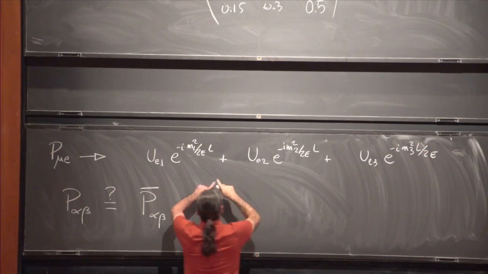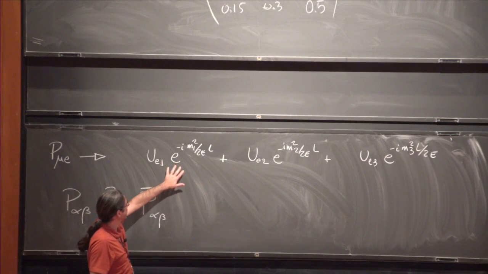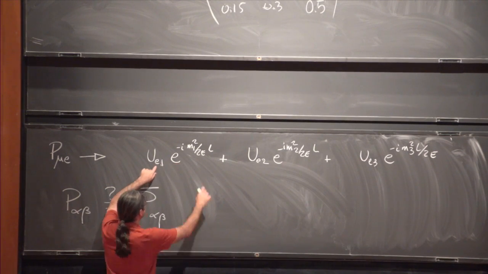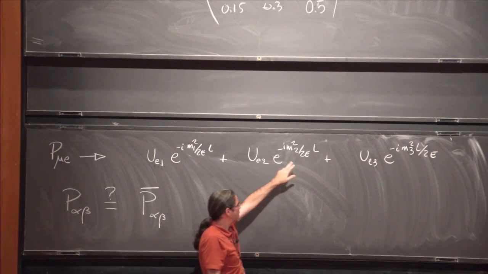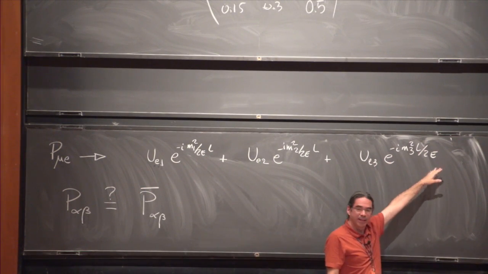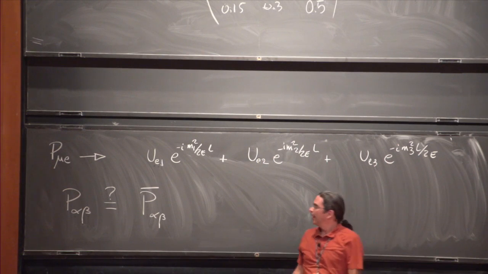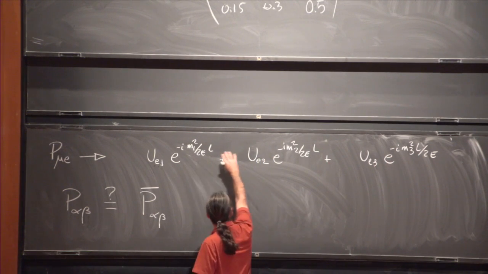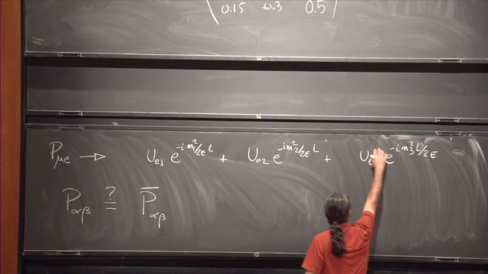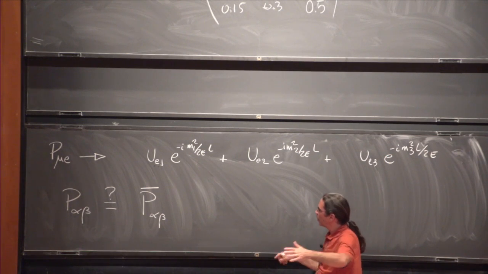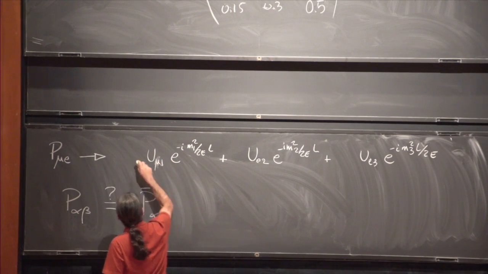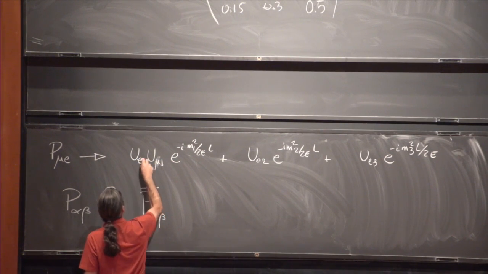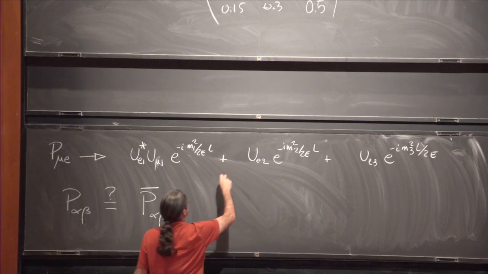So I'm not done yet, but this is what you start out with. So it's U_e1 times nu1 plus U_e2 times nu2 plus U_e3 times nu3. That's the electron neutrino. Each one of these components picks up a phase that looks like this. And then you measure this. Oh, I'm doing this the other way around. This should be mu. And then you measure this as an electron neutrino, so you project it onto the electron neutrino state.